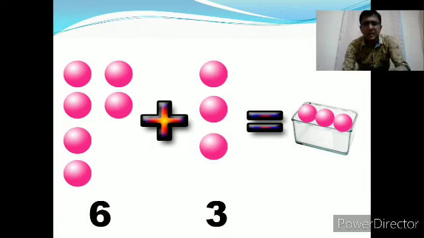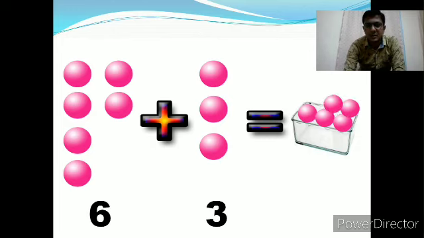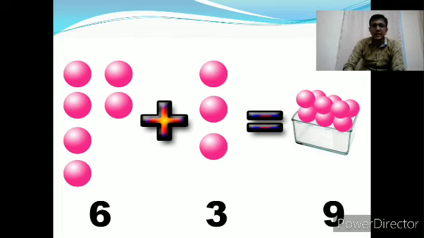First I am keeping 6 balls, then 3 balls, 4, 5, 6. After collecting these 6 balls in the basket, I want to collect these 3 balls also. 6, after 6 comes 7, 8, 9. So what is the total? 9. So 6 and 3 when combined give the result 9. That means 6 plus 3 is equals to 9.